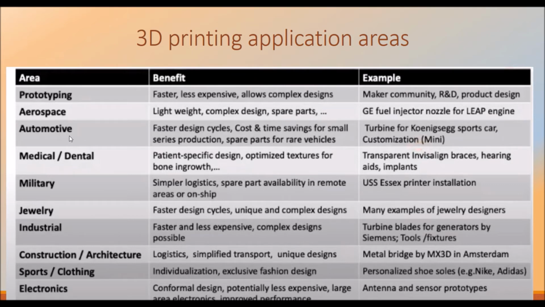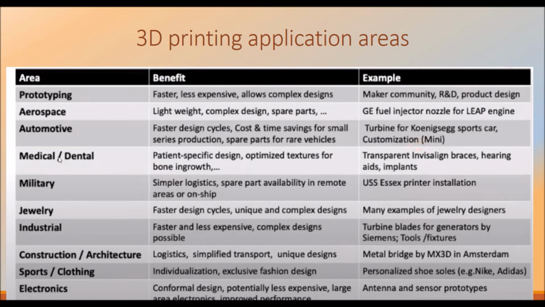Automotive benefits are faster design cycles, cost and time savings, and spare parts for rare vehicles. And the example for this area is the turbine for Koenigsegg sports car customization.